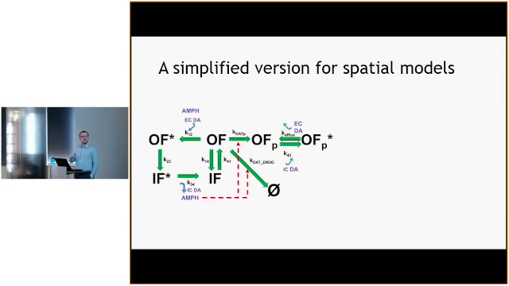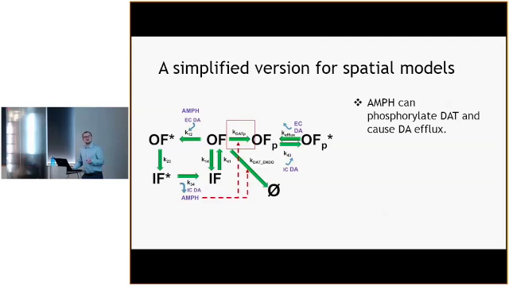And of course, the phosphorylated one has an efflux. It will get the dopamine from the interior of the cell, bind it, and then start releasing dopamine molecules to the outside. And yeah, basically it's just those two mechanisms.